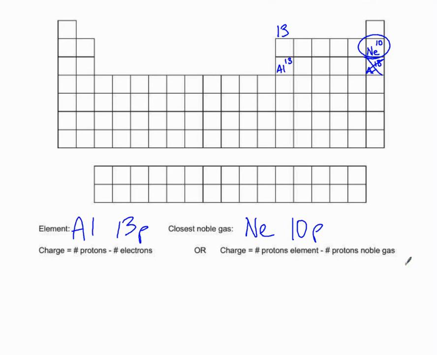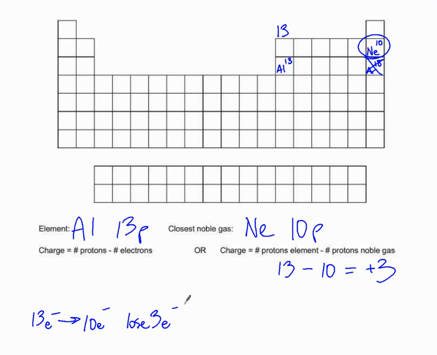So looking just at the protons of these 2 elements, we have 13 for aluminum, minus 10 for the neon, and that would tell us positive 3. What's happening with the aluminum is that we have 13 electrons and it's losing 3. It's only going to have 10 electrons.